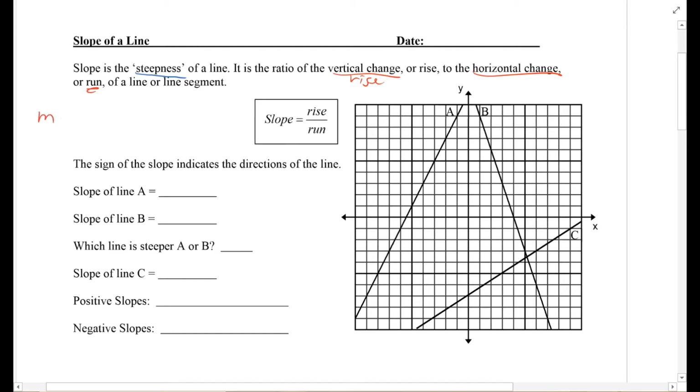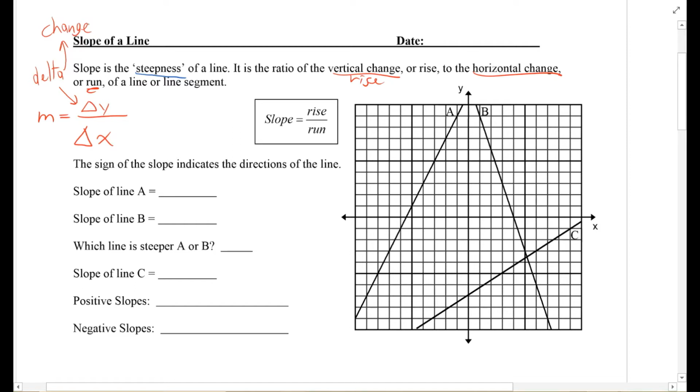For slope, we usually use the letter M. And we then have the change of our y values, because our y values are the vertical change, and we have delta x, which is our x values. This little triangle is called delta, it's a Greek letter. What delta means is change. So change in y values over the change in the x values.